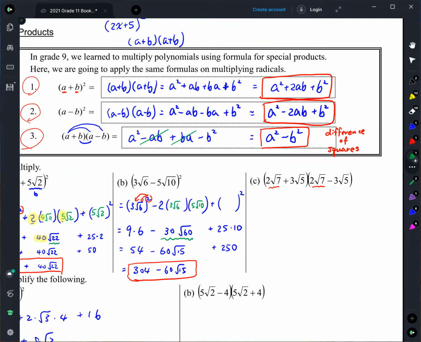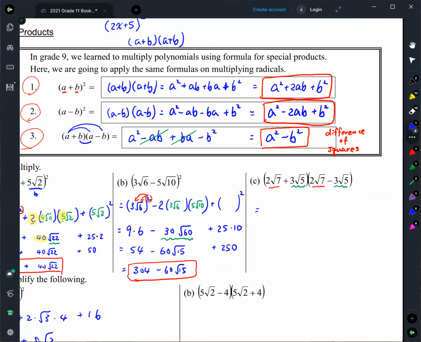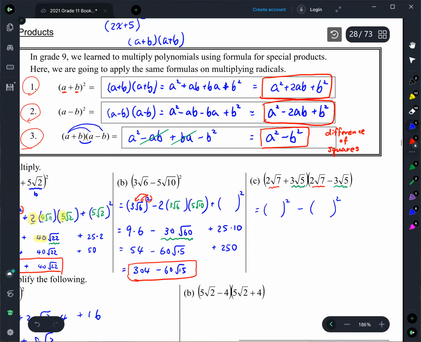This one is the B, right? 3 root 5. So remember, do not FOIL, okay? Because of the formula, we know the middle term will cancel out. So you just do A squared minus B squared. A is the 2 root 7. B is the 3 root 5.